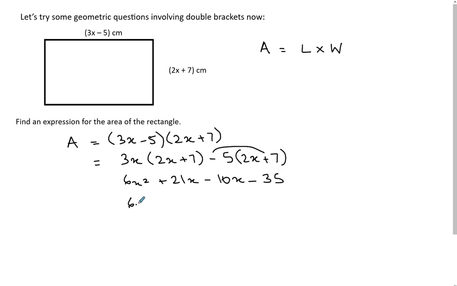Collect like terms. You've got 6x squared plus 21 minus 10 is 11x minus 35. And that will be the expression for the area of the rectangle, and of course centimeters squared.